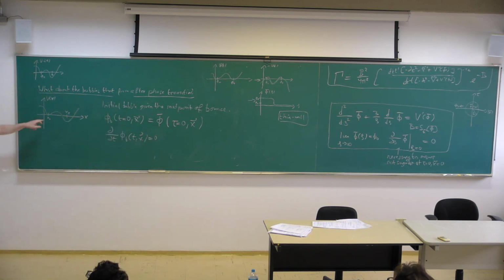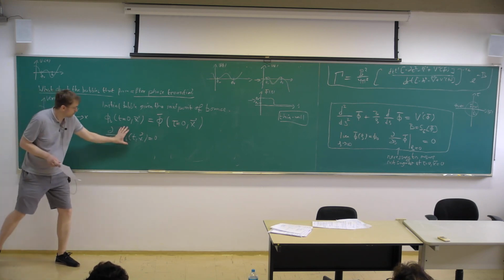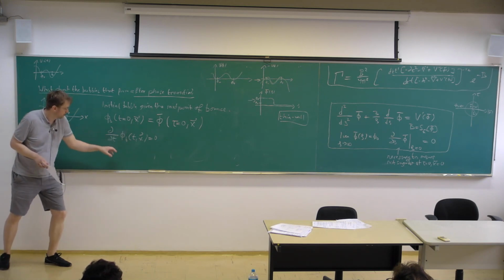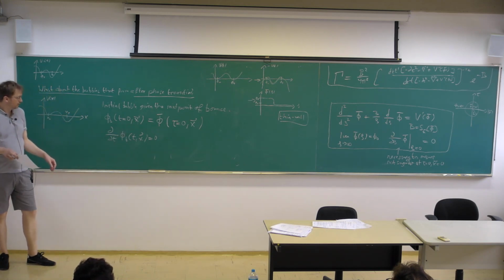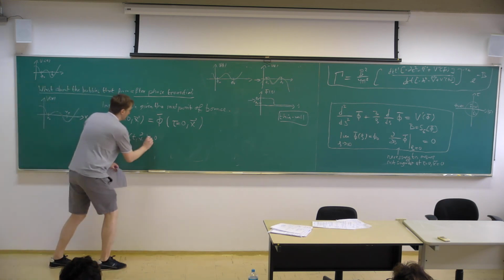And this is the corresponding thing to what you have in quantum mechanics. So you tunnel here, and then the particle appears here with 0 velocity. This is really the corresponding thing, this boundary condition. The time derivative of the bubble wall at initial times is 0.